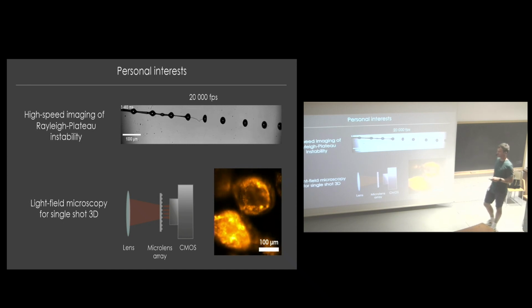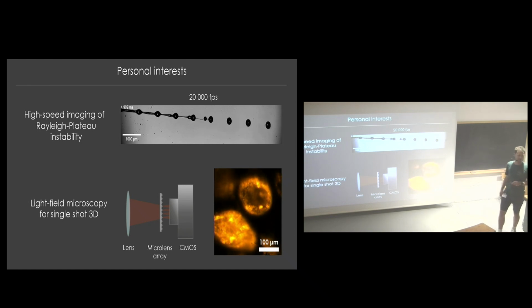And I'm also working a lot on light field microscopy, which is a technique to perform single-shot 3D imaging. The idea is that, in the detection part of a conventional microscope, you just add a micro-lens array in front of your camera. And then you have an image which is really weird at first, but by doing this, it contains both spatial information and angular information.